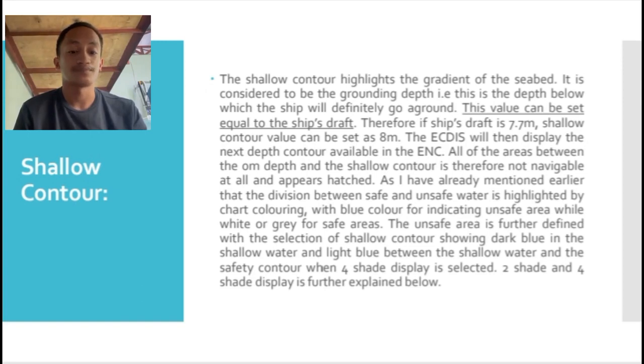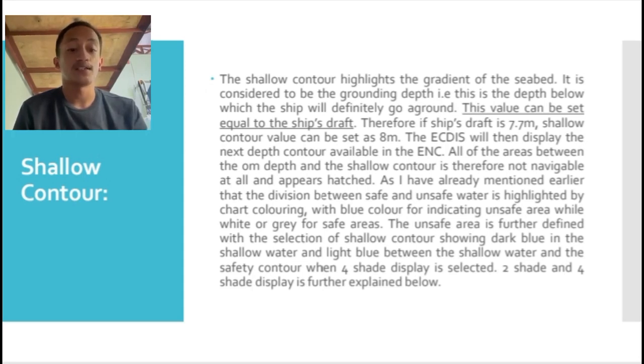As I have already mentioned earlier, the division between safe and unsafe water is highlighted by chart coloring, with blue color indicating unsafe area while white or gray indicates safe areas.